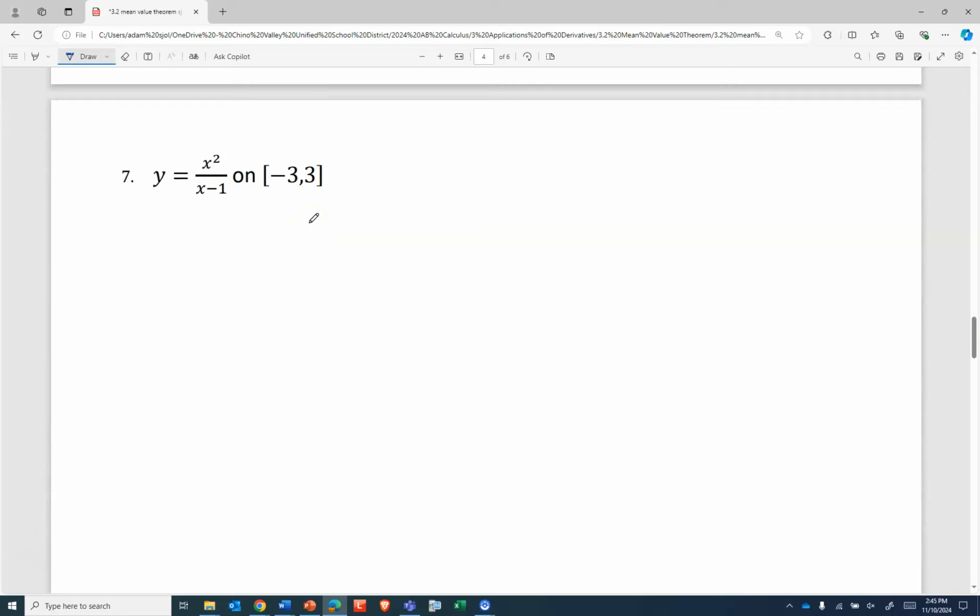Let's go to something a little bit more difficult down here on number 7. And number 7, I think it's pretty easy. The first thing I notice is that x squared over x minus 1 is discontinuous. We don't have to prove this.